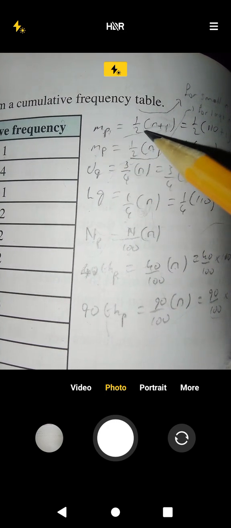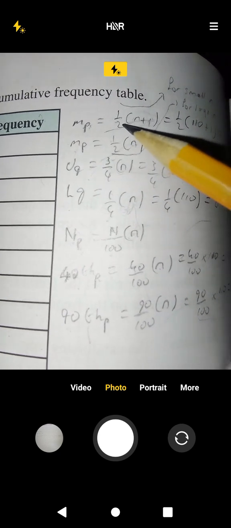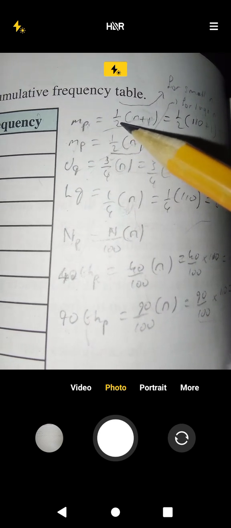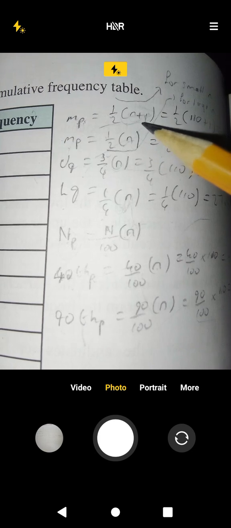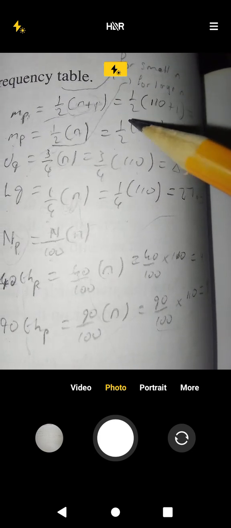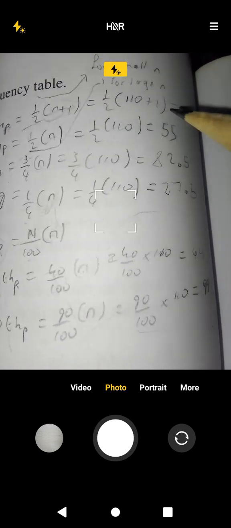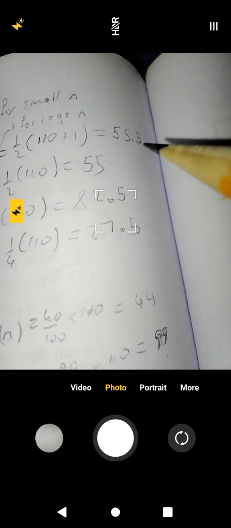I've abbreviated it, but you should write it in full, like median position in full words. So median position is half times n plus 1, which is half times 110 plus 1, which evaluates to 55.5.